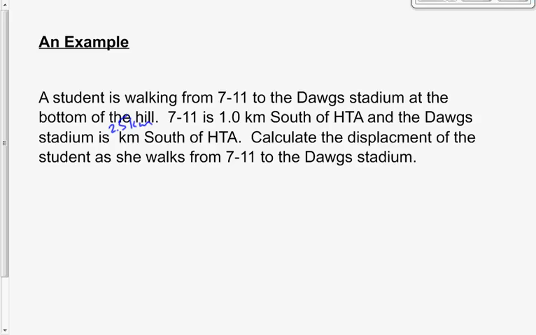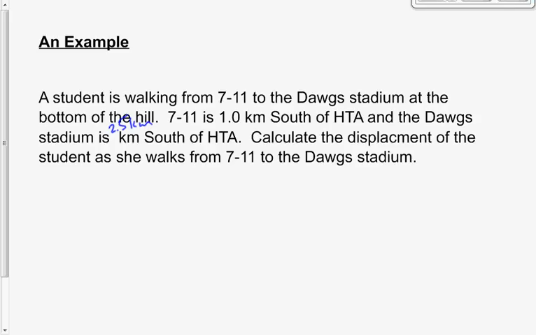All right, clearly the 2 numbers that I have given to me here that are important are the 1 kilometer south of HTA and the dog stadium that's 2.5 kilometers south of HTA. Here's what I want to do. I want to first of all define a direction as positive or negative. Usually north is positive and south would be negative, okay?